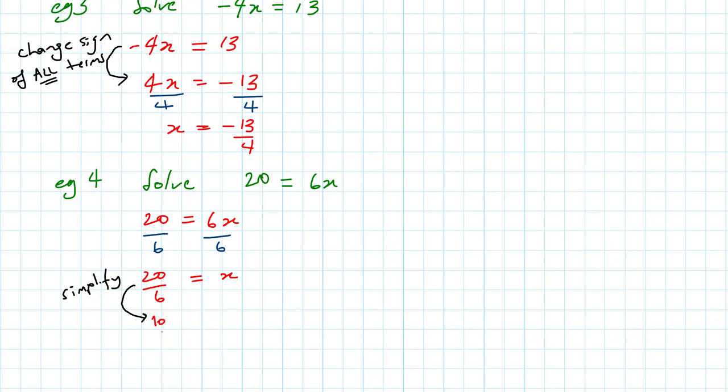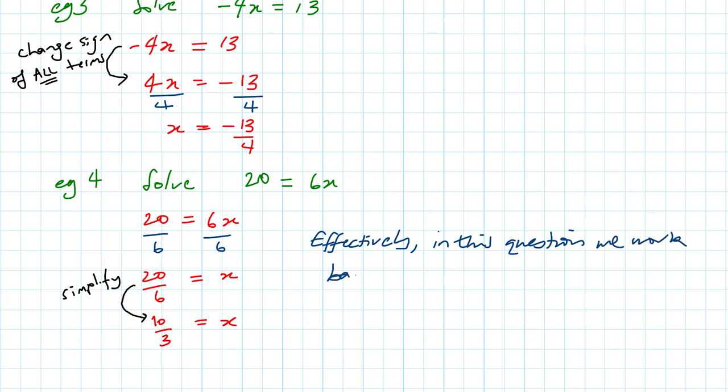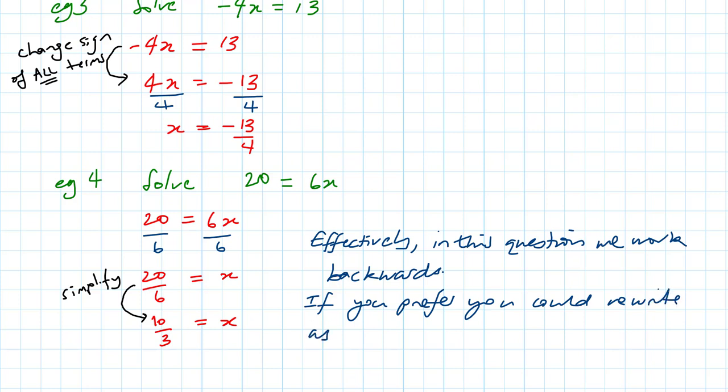In effect, what we're doing is we're working backwards. If you prefer, you could have written the question the other way around. So instead of writing 20 equals 6x, you could have written 6x equals 20 and solved it like we did previously.